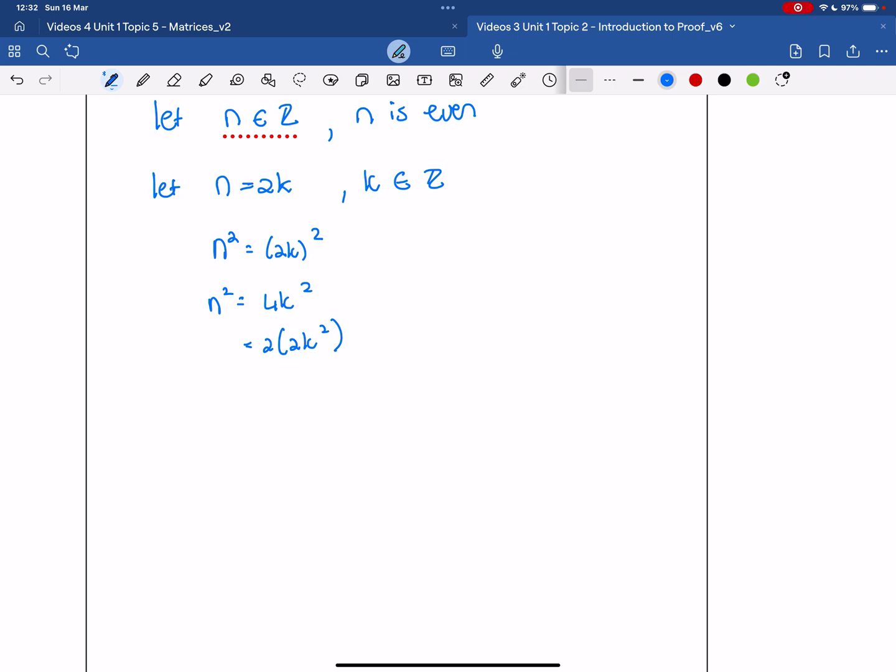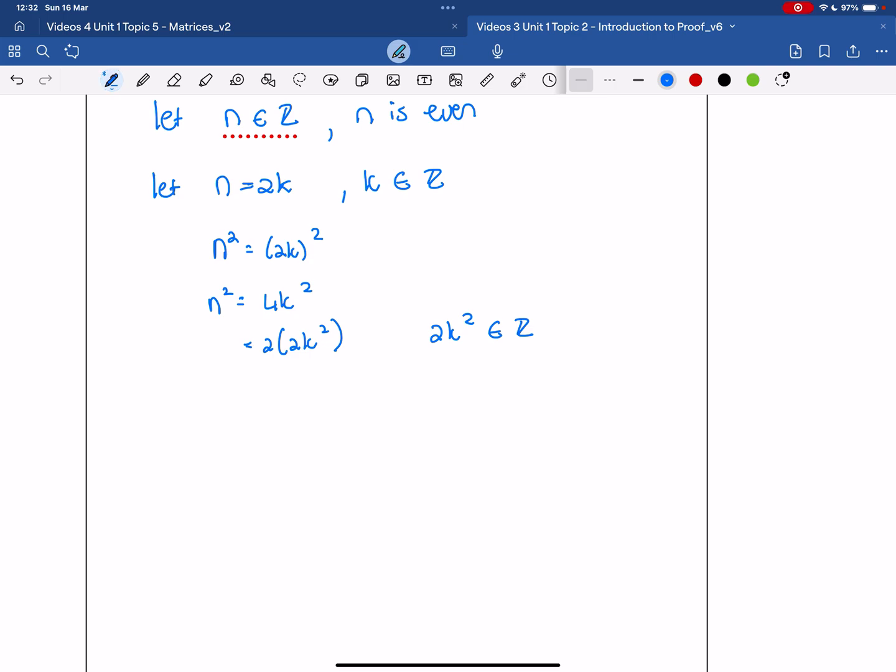And remember that when we multiply, add or subtract by an integer, we get another integer. So that means that 2k squared must be an integer.